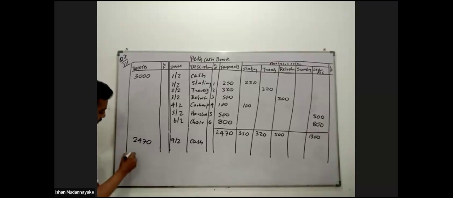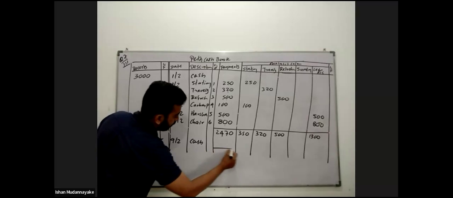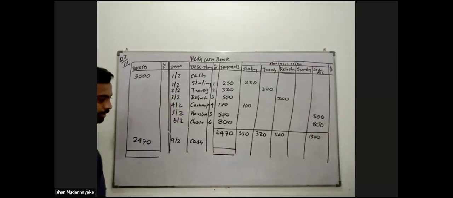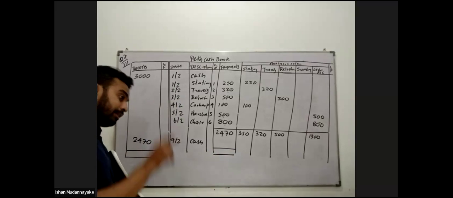Right now we can close the petty cash book. Normally, the examiner provides reimbursement in the next month.